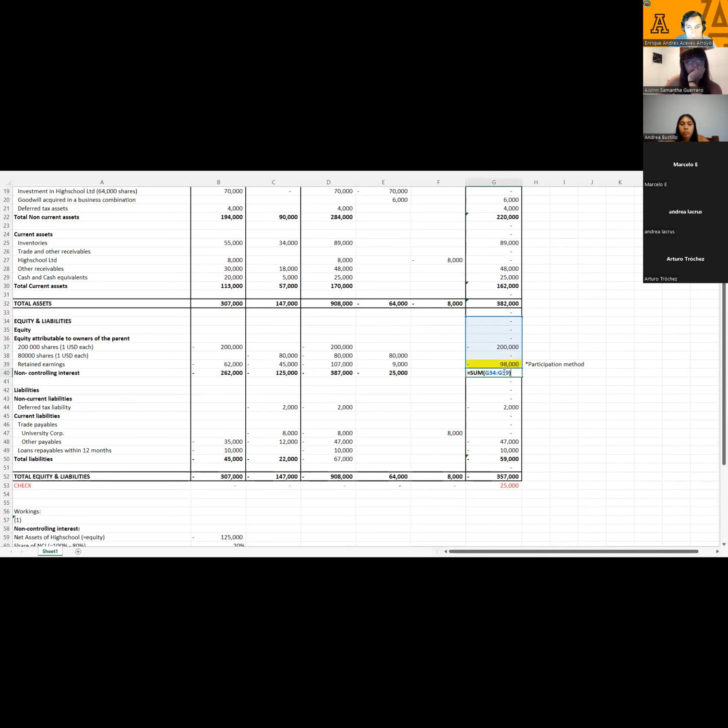What is happening? Oh, I see my mistake, guys. In here, I'm adding up this, and this is the total of the equity, not the non-controlling interest.